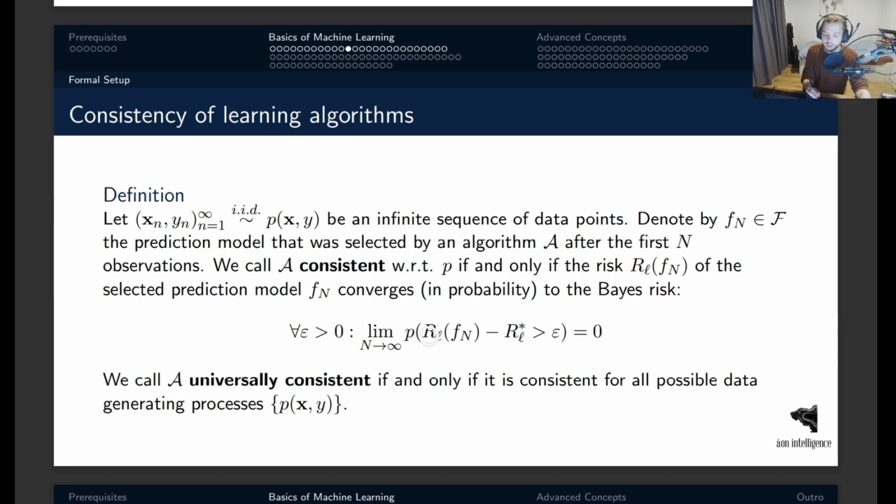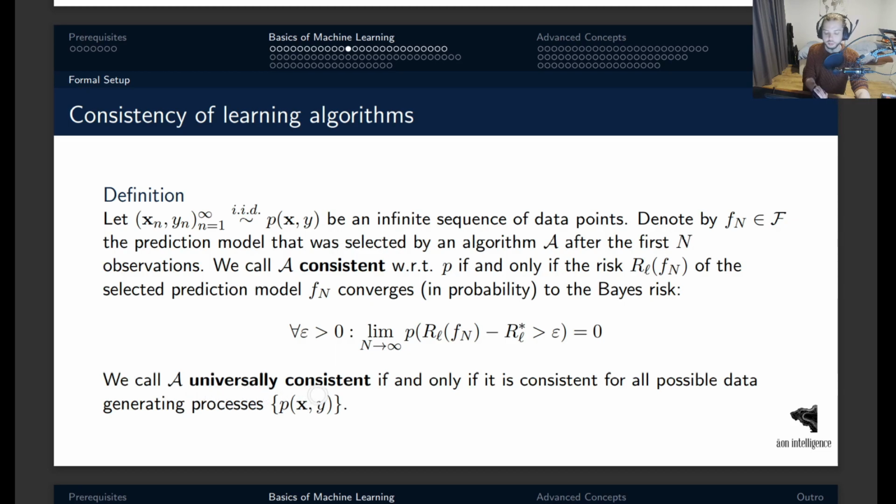This event is that the deviation between the risk of the model that the algorithm selected after n observations and the Bayes risk, which is the lower bound of risks that are possible, exceeds epsilon. The probability of this event occurring should go to 0 as our number of observations grows to infinity.